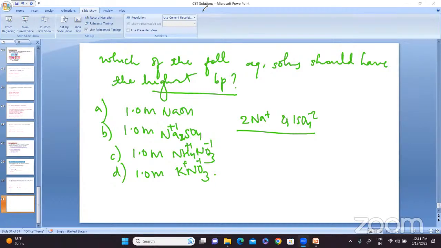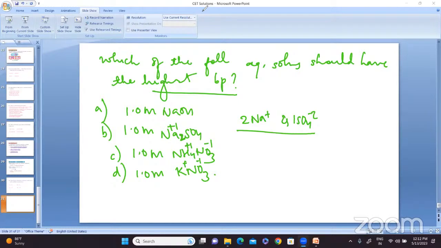The number of ions in NaOH is 2, because Na is plus and OH is minus 1. In Na2SO4 the number of ions will be 3, because 2 Na plus and 1 SO4 2 minus are there. In option C, there is 1 NH4 plus and 1 NO3 minus, so again 2 ions.